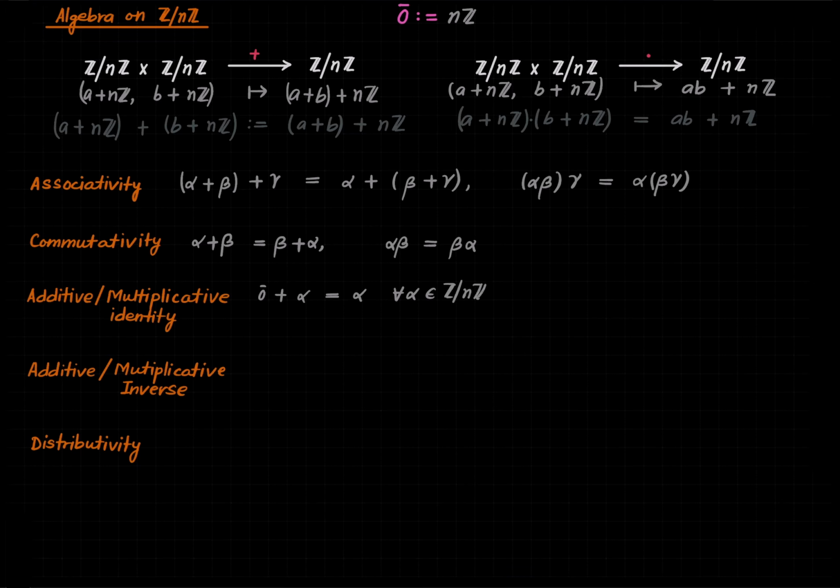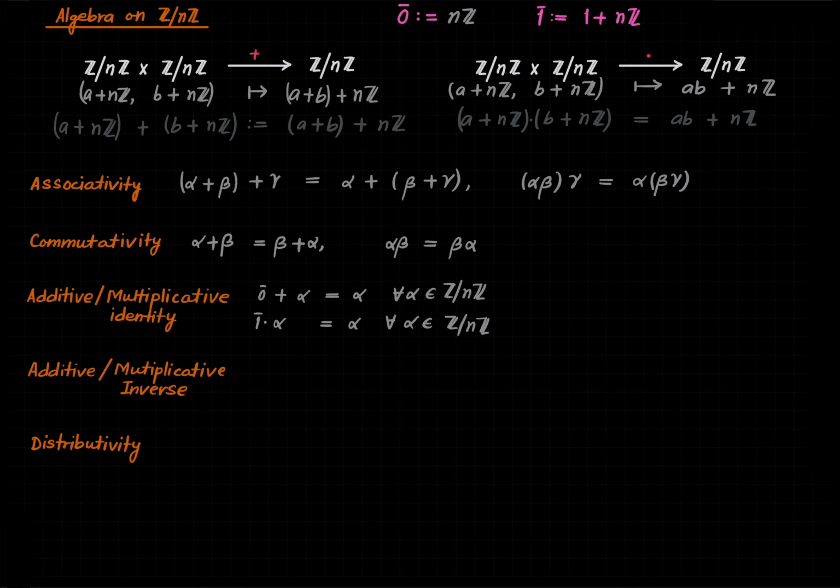Very easy to verify. Similarly, we define 1 bar. 1 bar is 1 + nZ. Just a notational thing. And you can easily verify that 1 bar times alpha is equal to alpha for all alpha in Z mod nZ.